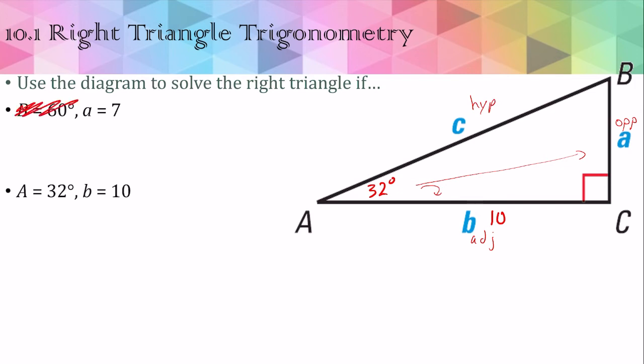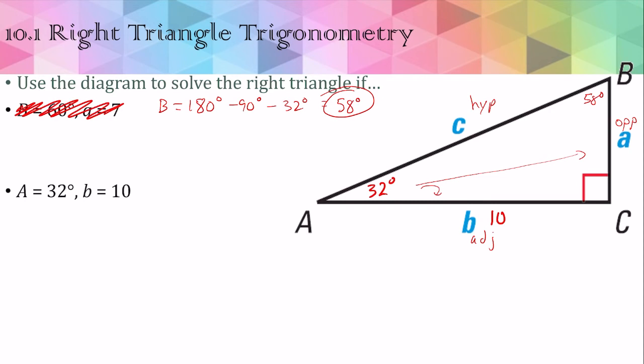Well, we could start by finding angle B. The 180 minus the 90, or if you realize that's 90, minus the 32 gives you 58. And then let's start by finding side A. Side A is the opposite.